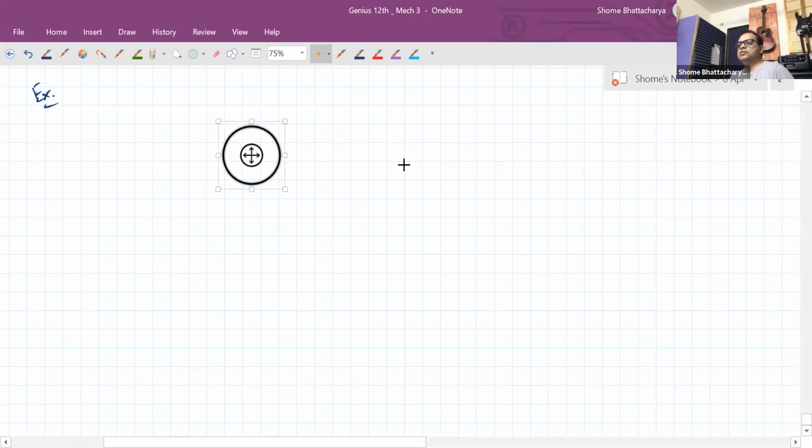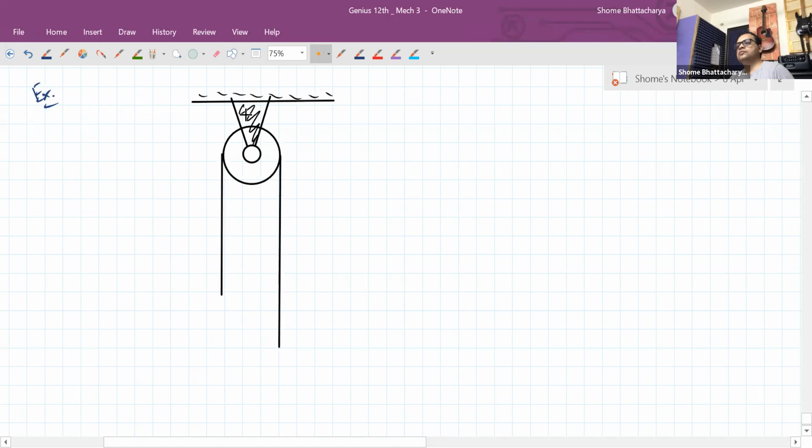So I have this kind of a system next. So I have a rotating pulley with a ladder attached on one side.